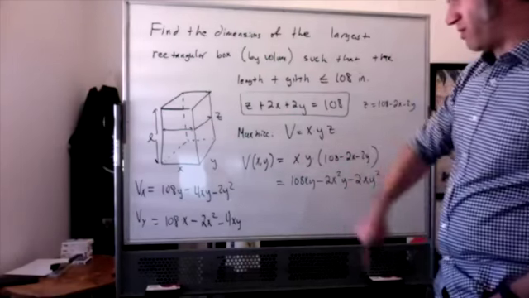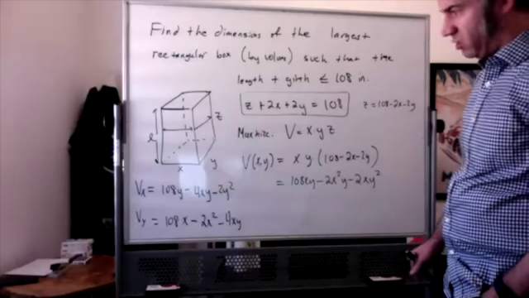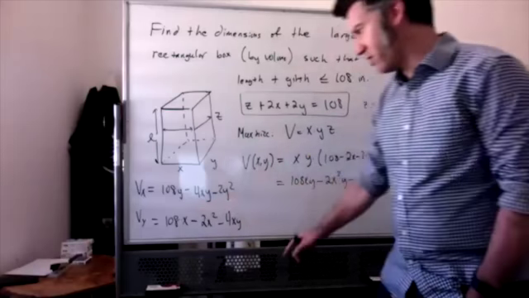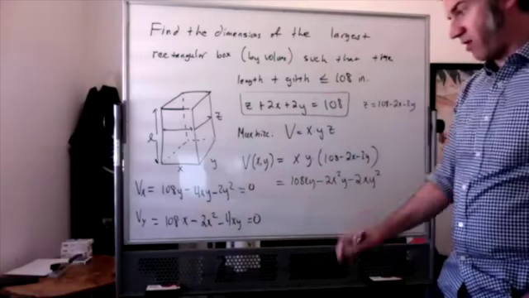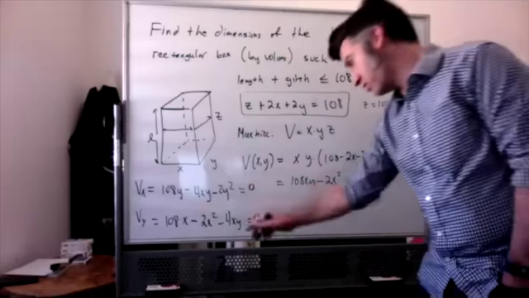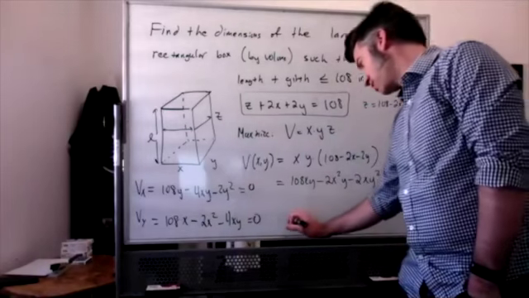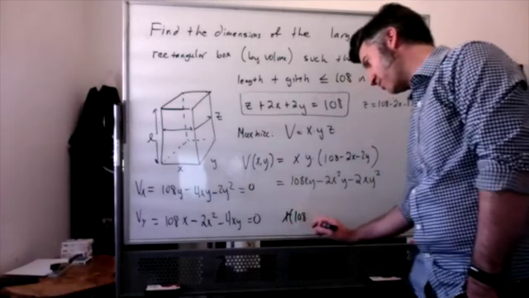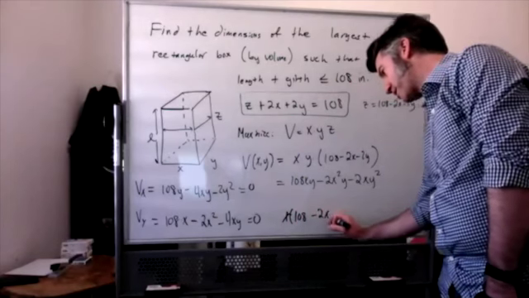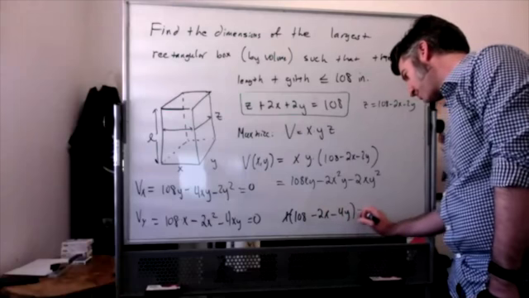So we want to find our critical points. Solving this equal to 0 looks like it might be hard, but I can see I can factor out a variable from each of them. From the first one, I can factor out an x, so I get x times 108 minus 2x minus 4y.